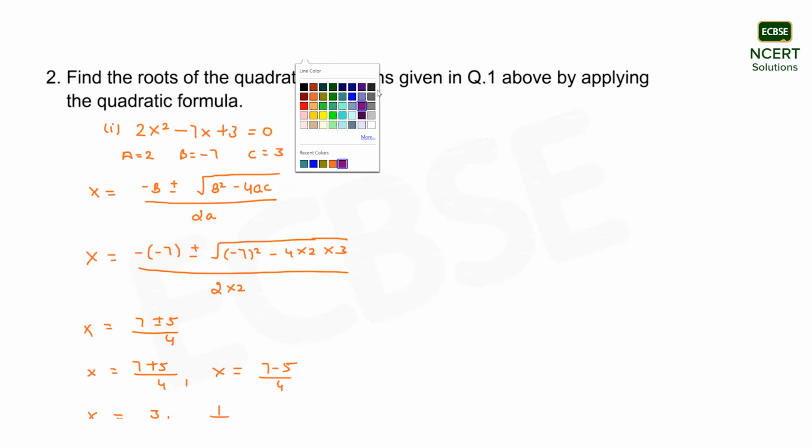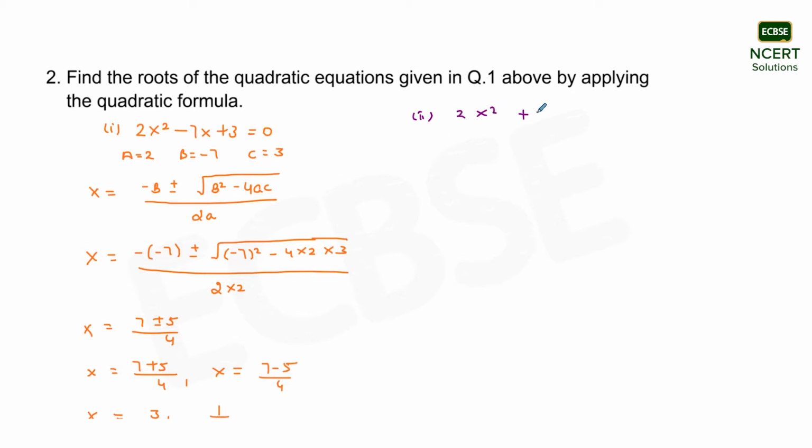Now coming to the second one. So what was the second equation? The second equation was 2x square plus x minus 4 is equals to 0. Again writing the coefficients a, b, c values. Here a is equals to 2, b is equals to 1 and c is equals to minus 4.